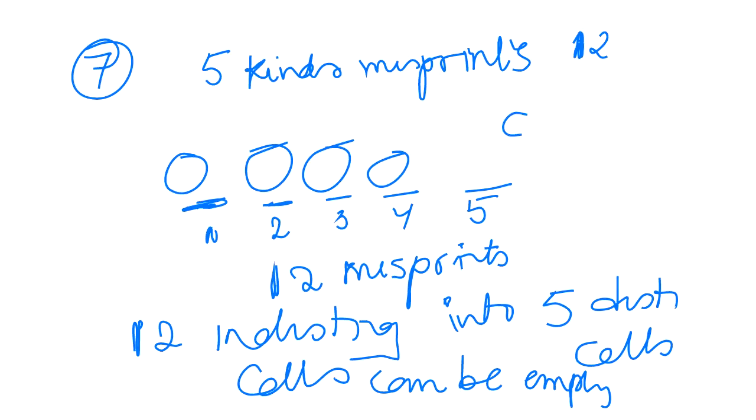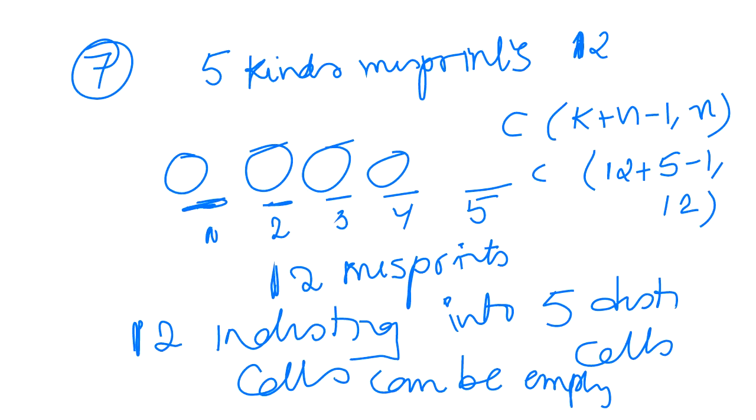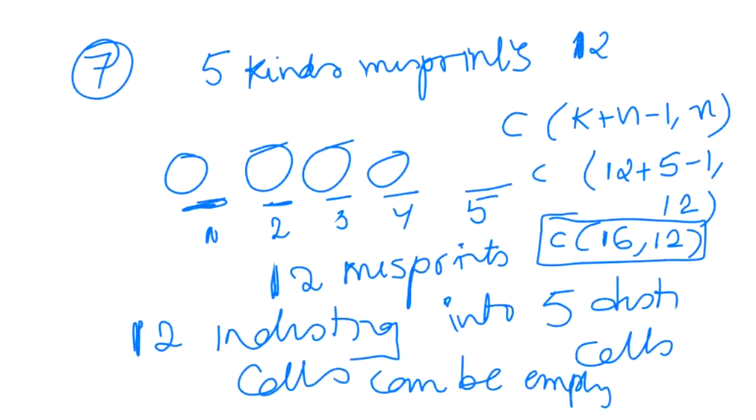You need to use C of k plus n minus 1 comma n. If I remember balls and cells right, this is going to be C of 12 plus 5 minus 1 comma 12. You don't need to simplify anything, but I'd appreciate it if you write the answer in this form. Yes, James, thanks for asking.